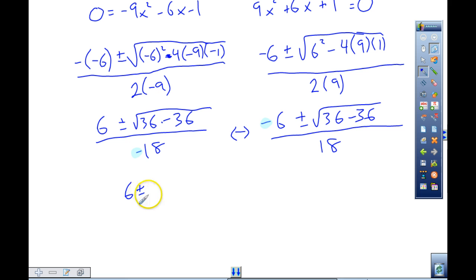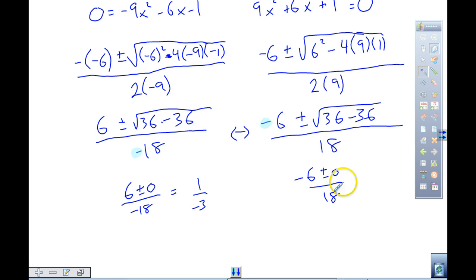So 6 plus or minus 0 over negative 18 equals what? Negative 1/3. And I'll actually put the negative down here on the bottom. Over here I'll get negative 6 plus or minus 0 over 18. So I'll get an answer of negative 1/3.